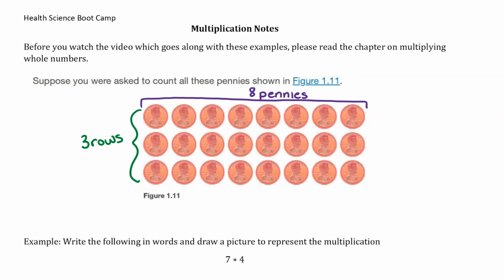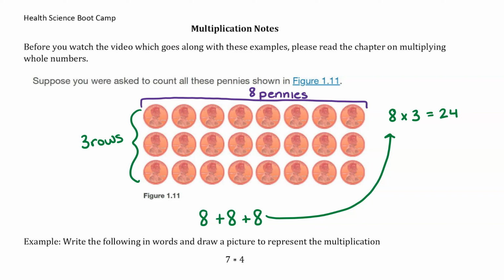So instead of sitting and counting 1, 2, 3, 4, 5, 6 all the way, I'm going to say, okay, 8 times 3. So I could do 8 plus 8 plus 8, but the shorthand for that is 8 times 3. And so we would say there are 24 pennies.